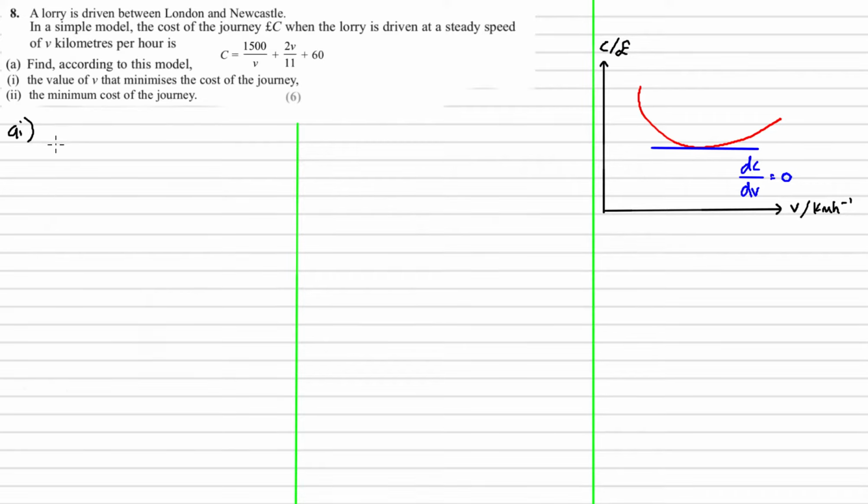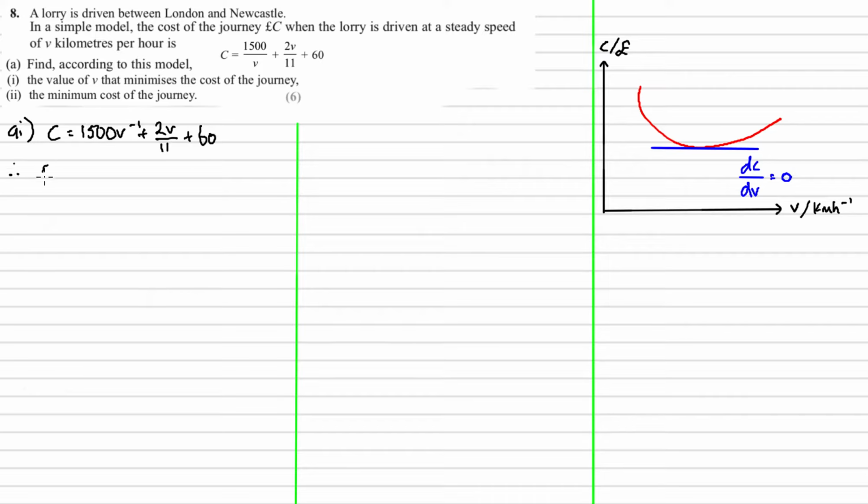So I'm going to start off by rewriting my function, and I'm going to use my knowledge of indice laws now to bring up that v and say that c is equal to 1500 v to the minus 1 plus 2v over 11 plus 60.